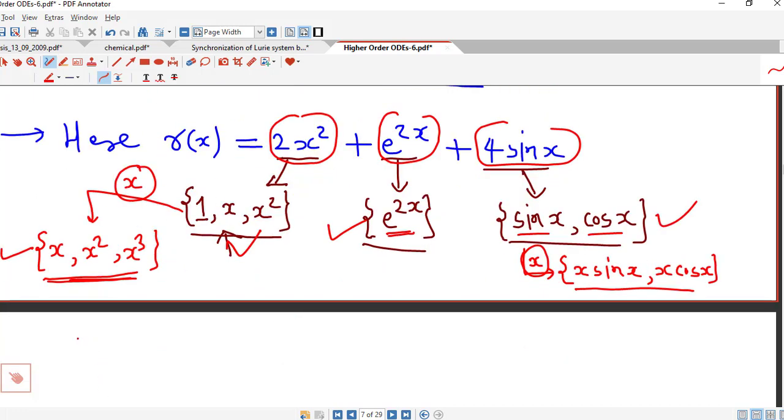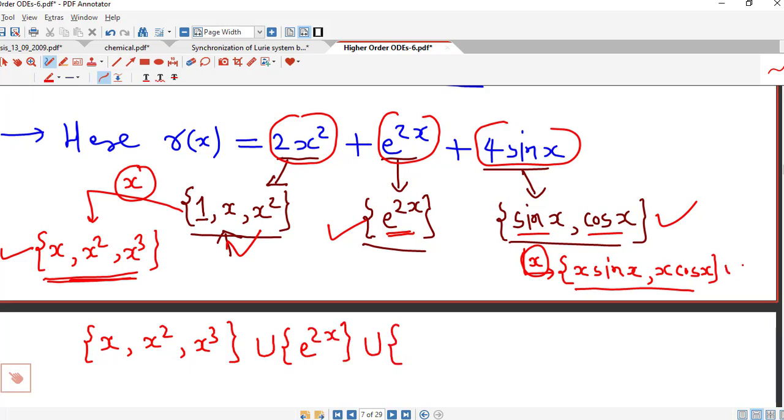So the union of modified families is: family for 2x square is x square, x cube. Family for e raised to 2x is e raised to 2x, as it is, and here the modified family is x sin x, x cos x.